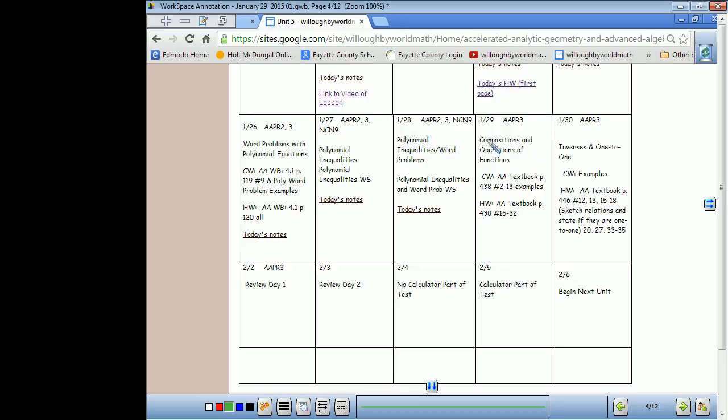The old calendar said these words, but then gave no assignments, and then it repeated them down here for some bizarrely odd reason. So today we are going to look at compositions and operations with functions, and your homework is out of your textbook. Tomorrow we're going to investigate inverses and one-to-one, what that means in terms of functions. And then this will be your homework.